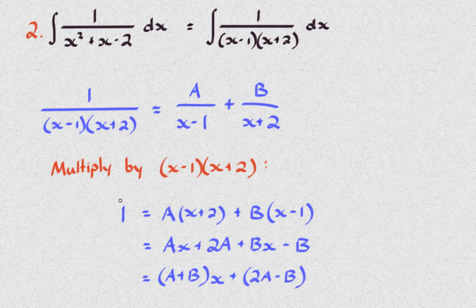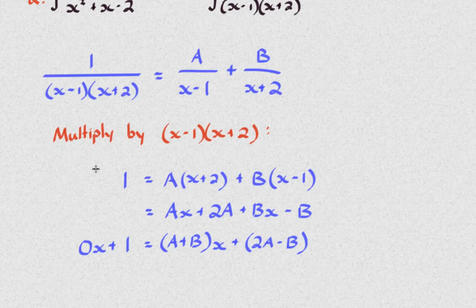And so comparing that to the left-hand side, where we have a constant of 1 and we have a coefficient of x of 0, we can now draw up some simultaneous equations.